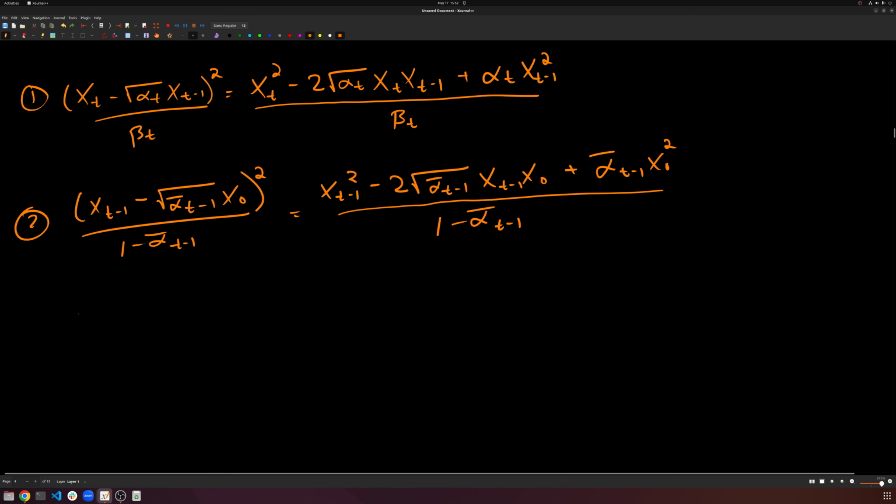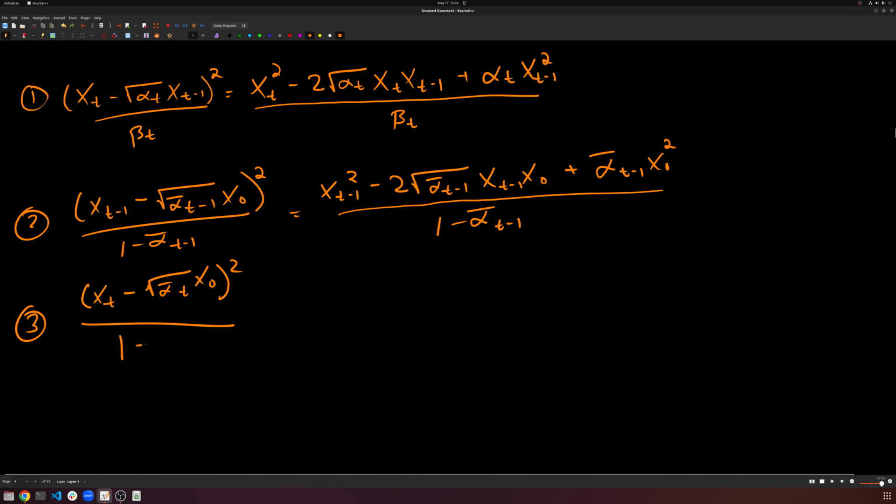And now we have our third term. This is again going to be exactly like this top one here. It's just going to be xt minus square root alpha hat t x0 squared divided by 1 minus alpha hat t, just like that.